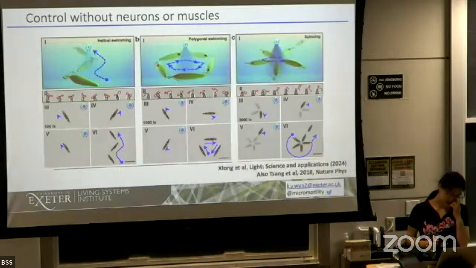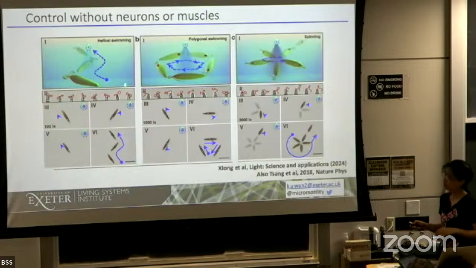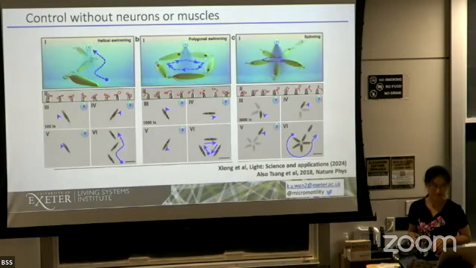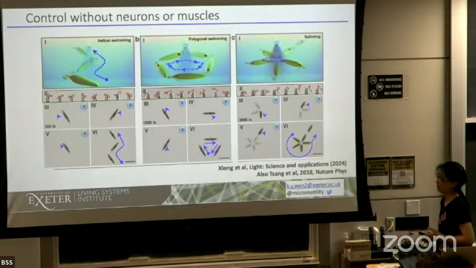And so from the difference between the self-movement and environmental cues, these objects can then make an informed choice about whether they should execute a certain type of movement pattern.